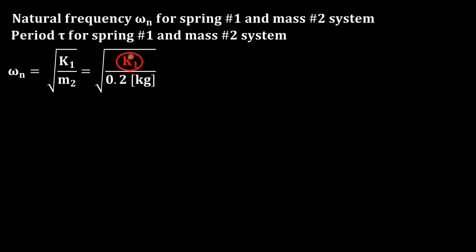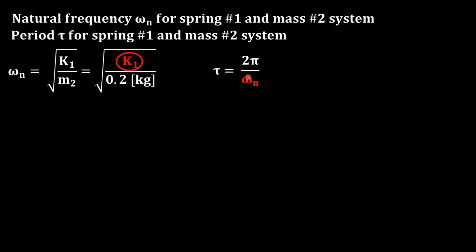So here we were given the mass 0.2, but we want to know the K value. The period for spring number 1 where a mass number 2 is hanged on it. So spring number 1 and mass number 2 system.